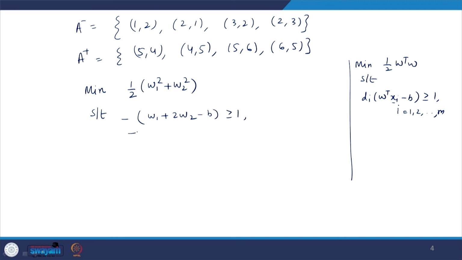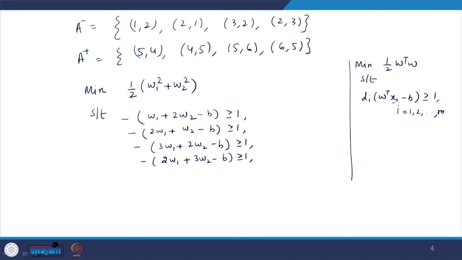The second constraint, second pattern is (2, 1), substituting gives 2 w1 plus w2 minus b greater than or equal to 1. Then minus 3 w1 plus 2 w2 minus b greater than or equal to 1, and minus 2 w1 plus 3 w2 minus b greater than or equal to 1.